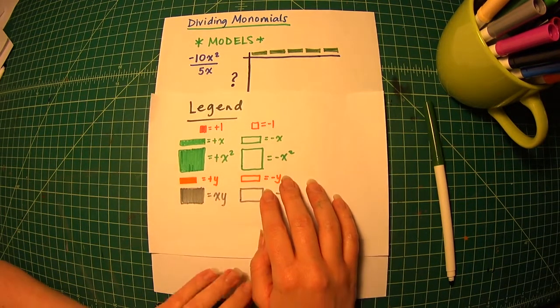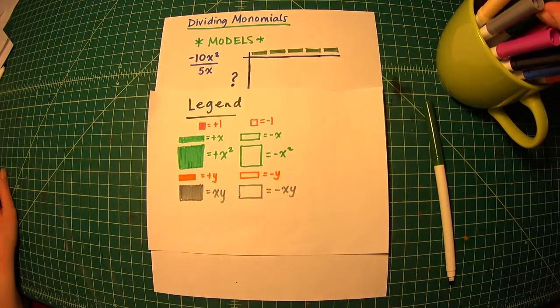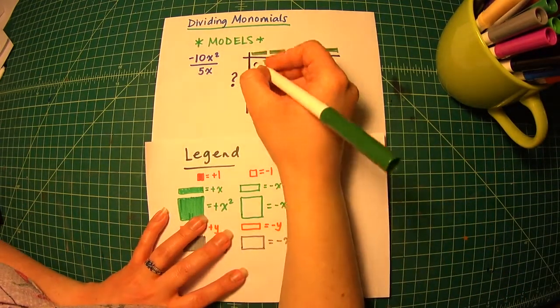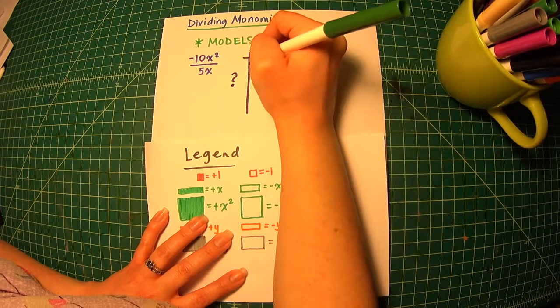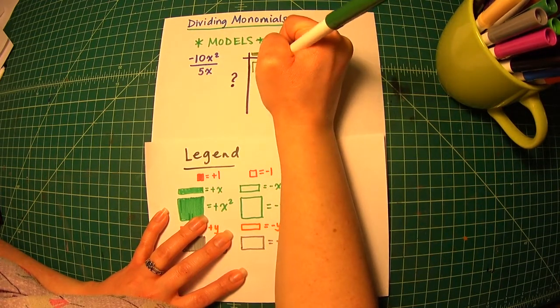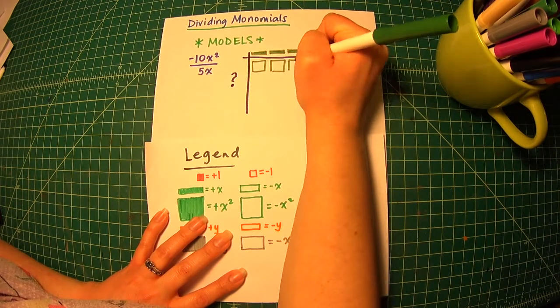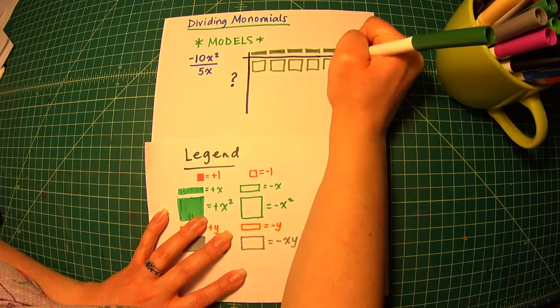So it's negative 10x squared. My negative x squareds are these big white ones. I need to fill in 10 of them, but I have to go according to the columns here. So 1, 2, 3, 4, 5.